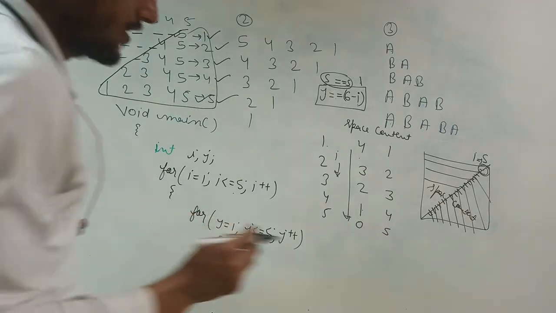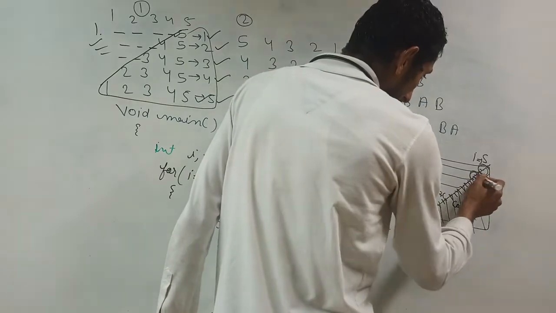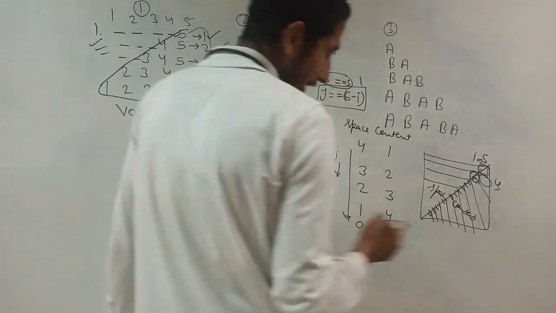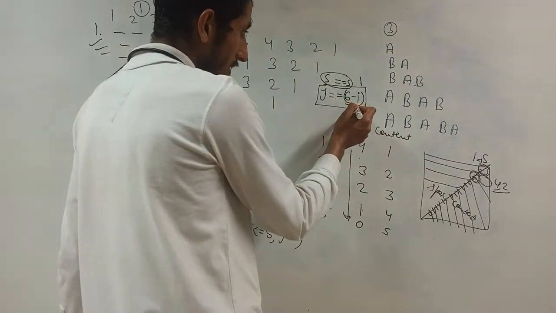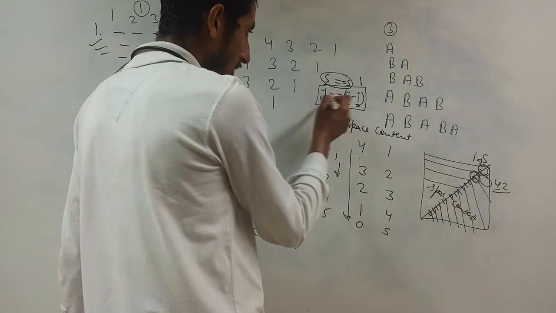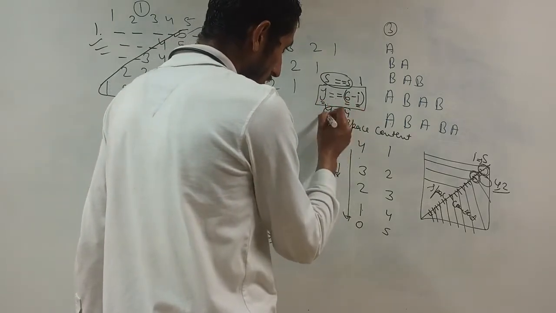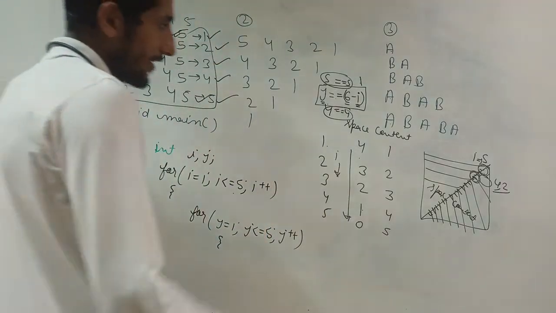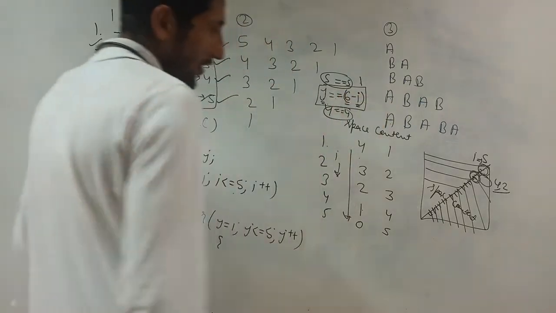Now here, the value of j is 4 and the value of i is 2. So it becomes 6 minus 2, which is 4, and the value of j is 4. So 4 equals 4. So the equation of this line is: value of j greater than or equal to 6 minus i.